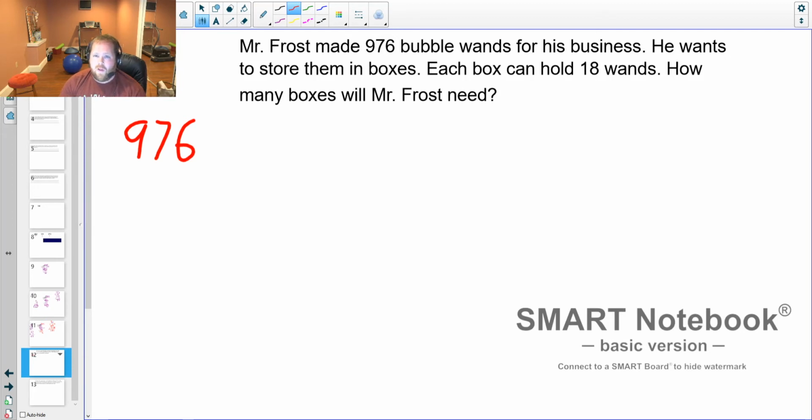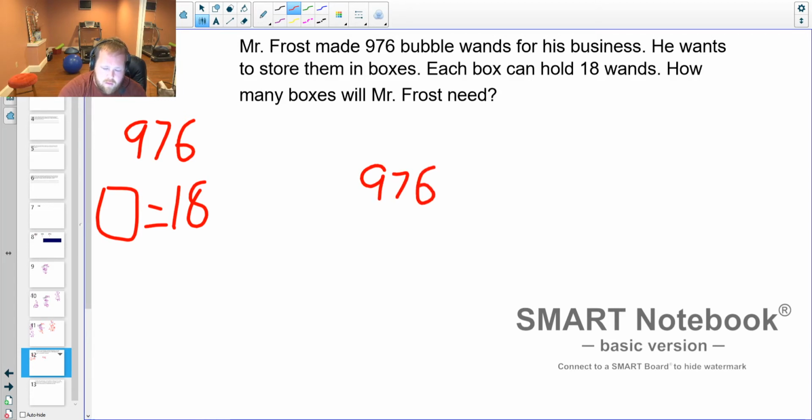Yes. There's bubble wands, and you can store them in boxes. Each box can hold 18 bubble wands. How many boxes will Mr. Frost need? We're just going to turn that into a division problem. You guessed it. So we're going to divide 976 divided by 18.